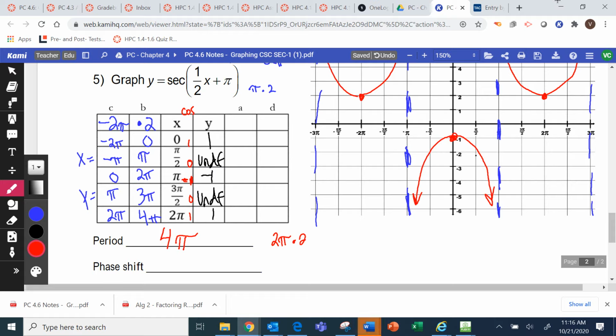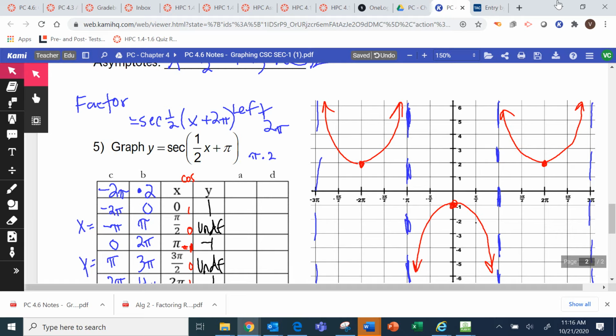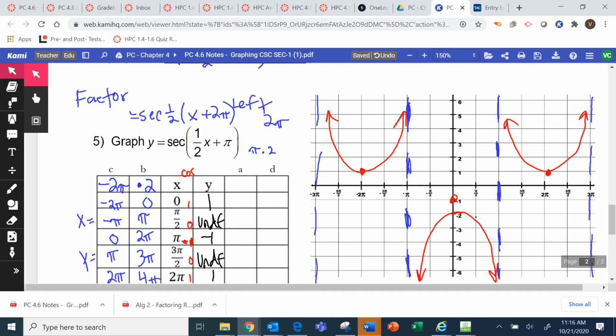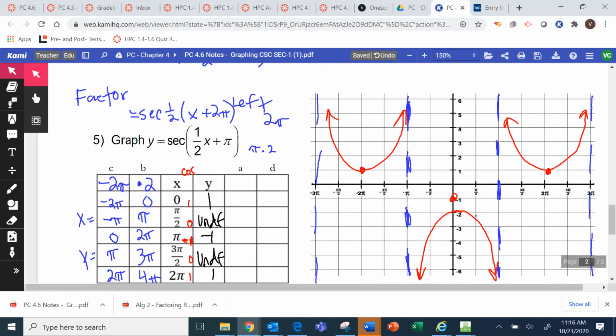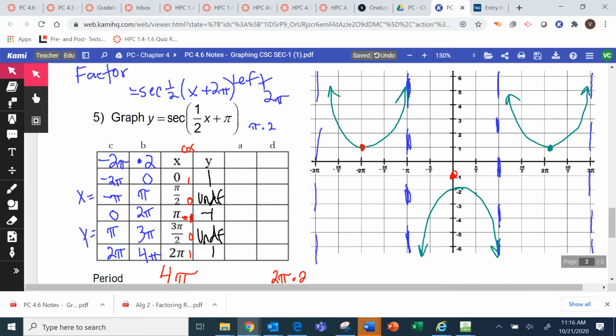My bad. That happened, did it? Is that weird that they all moved? How are they connected? Okay.